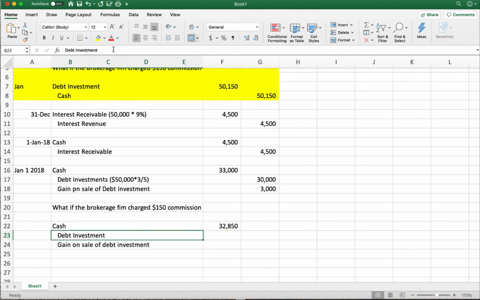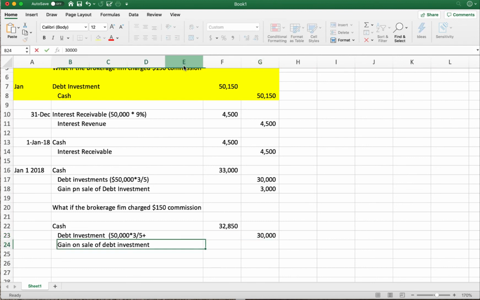How much debt investment did we sell? Well, that's going to be the same, right? We have $50,000 of face bonds. We're still selling 3/5 of those. So I need to multiply that by 3/5. I still end up with 30,000 decrease in my debt investment.